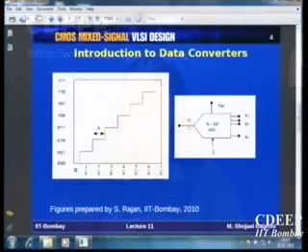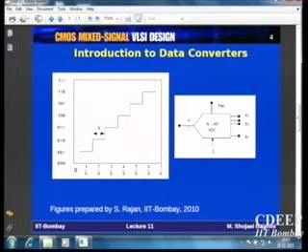Now we want to make not only time discrete, but also amplitude discrete. In other words, we now look at a set of quantized values for the signal, not analog values. So the data converter is one step beyond switched capacitor or discrete time processing. Here, both amplitude and time are discretized.